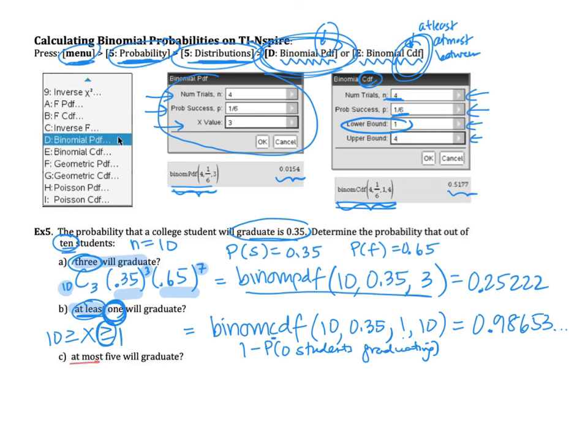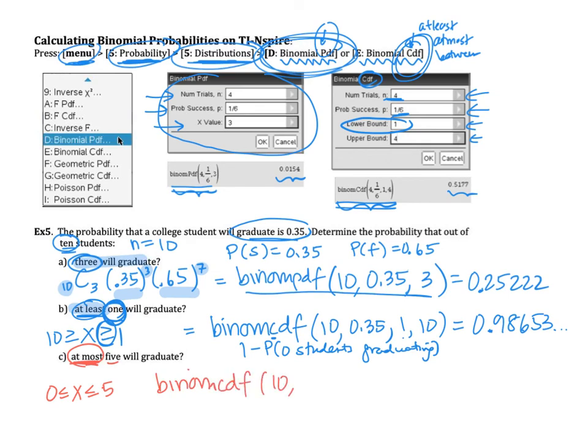It says, what is the probability that at most 5 will graduate? At most means we're going to do less than or equal to 5. Except that's not actually true, because we can't have negative people. So we're actually finding the students between 0 and 5. And the word at most is inclusive. So once again, it is cumulative, so we're going to do binom CDF.